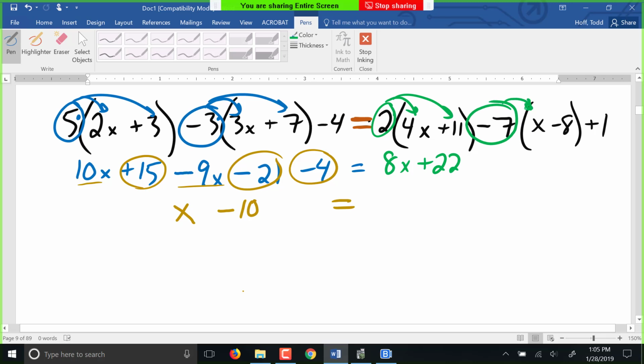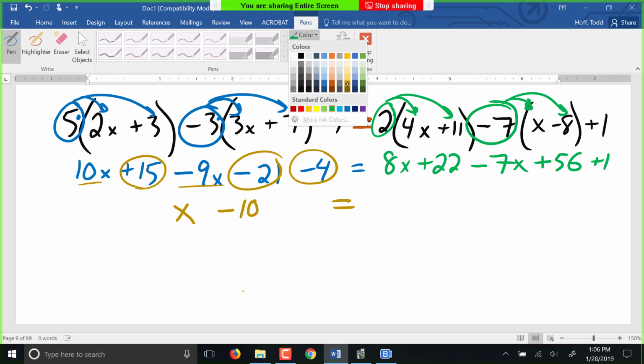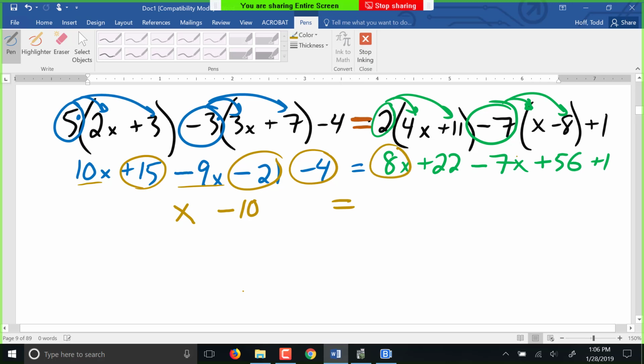Negative 7 times x, negative 7x. Negative 7 times negative 8, positive 56. We have the positive 1 out there. Once again, we can combine 8x and negative 7x make 1x or just x. 22, 56, and 1 make 79.